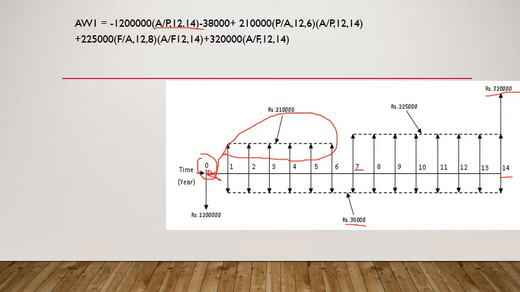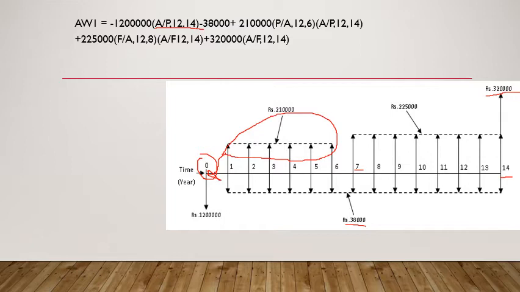Same thing whenever you have such single payments in between the ends, or staggered annual worths in between the ends, the only method that we need to follow is that we need to convert that into any of the ends. Either convert that into P and then into A, or convert that into F and then into A.